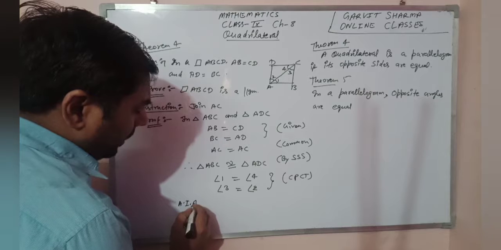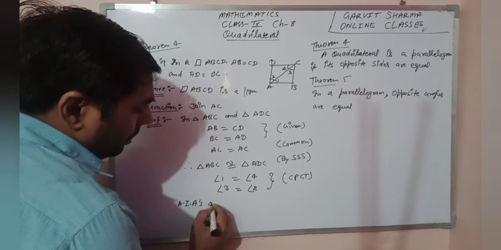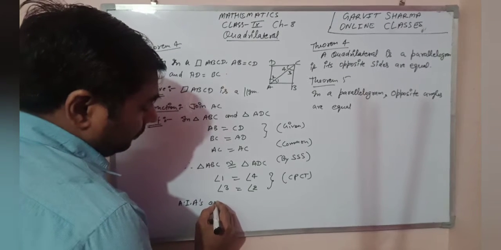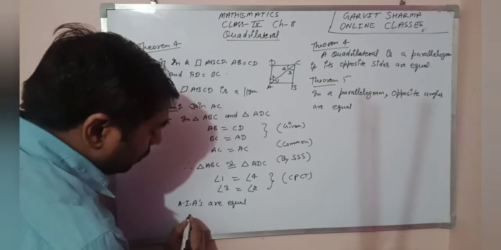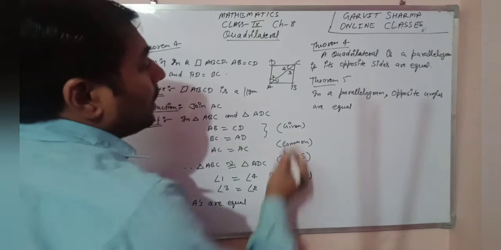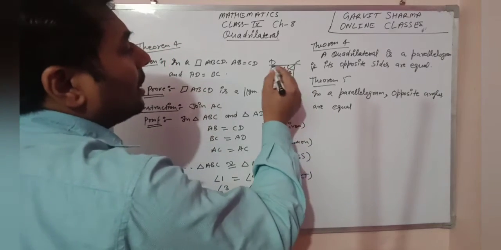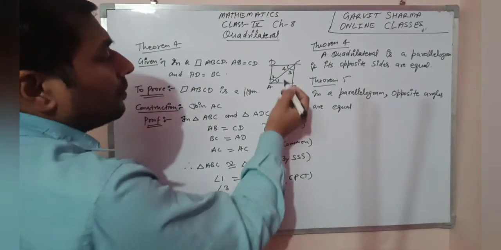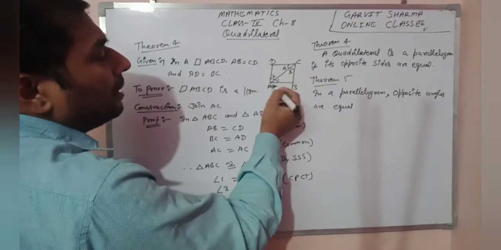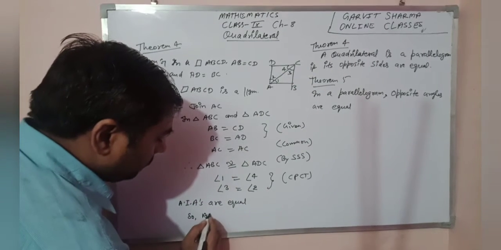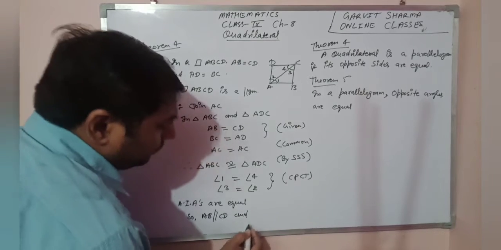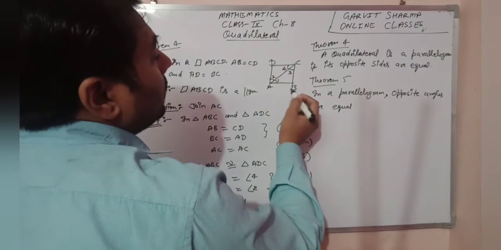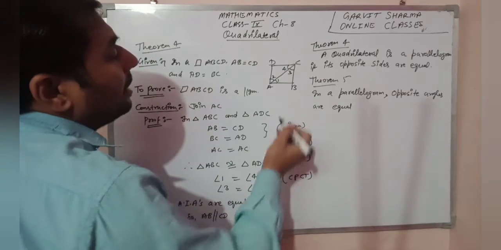So, since angle 1 is equal to angle 4, AB is parallel to CD, and AD is parallel to BC.